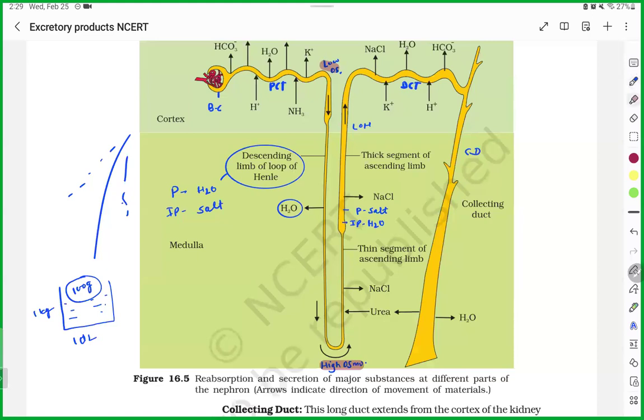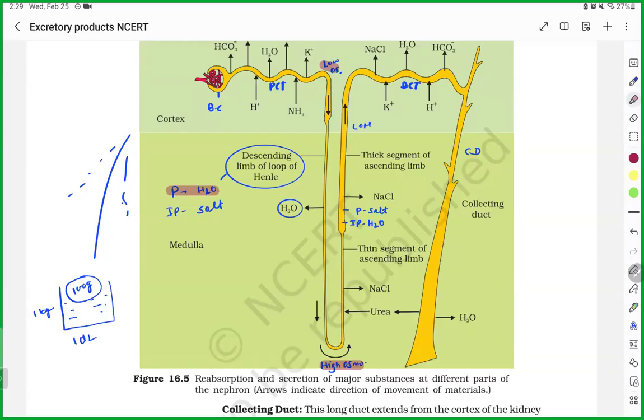Even if you remember one thing, the descending limb is permeable to water, salt will be opposite, and the ascending limb will be exactly opposite to the descending limb. Got it? Yes, sir. So this is extremely important for you.